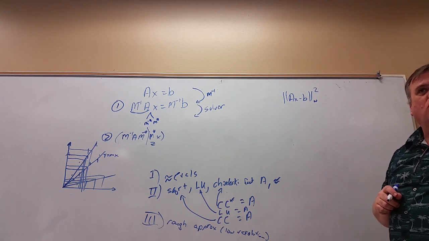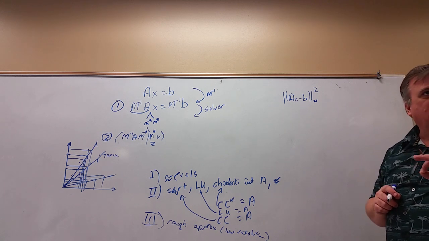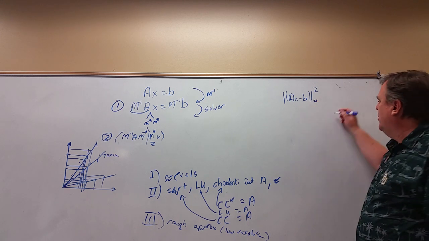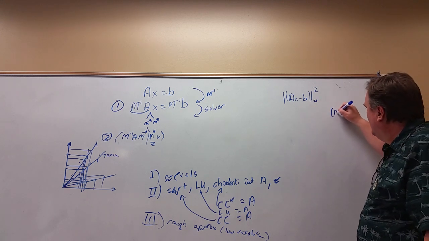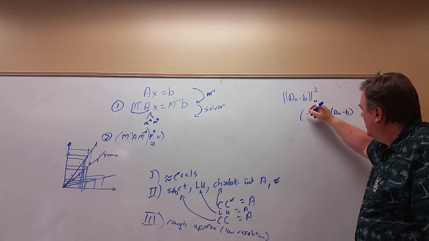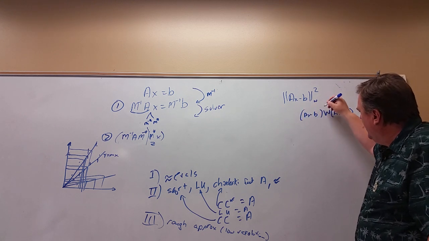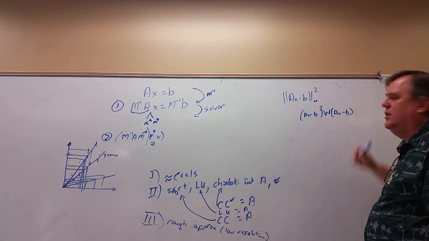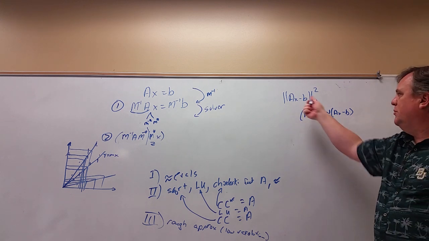But that W norm is not like a number. It's actually a matrix. And what you're solving in this case is (AX minus B) times W times (AX minus B) transpose, and you want to minimize that. That's what we mean by that norm.